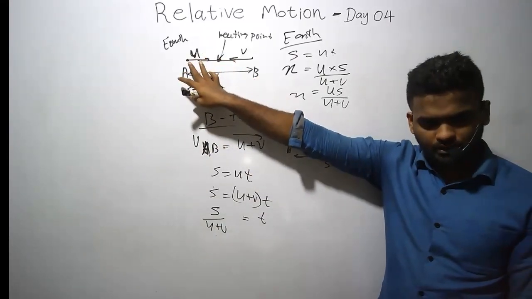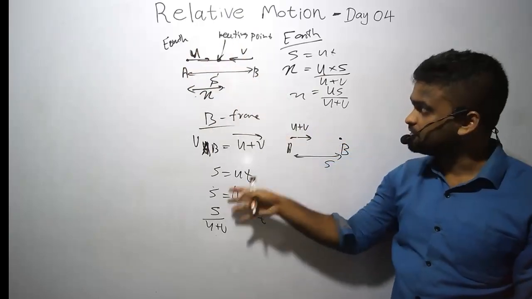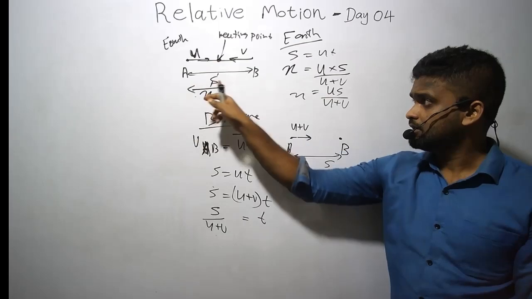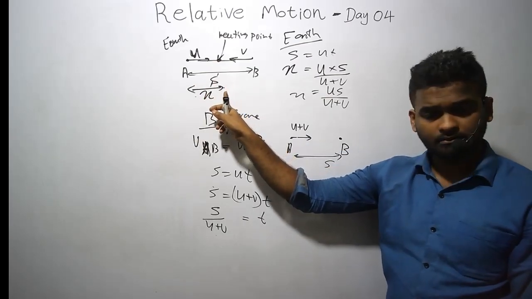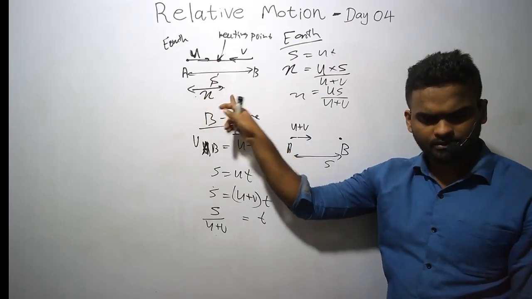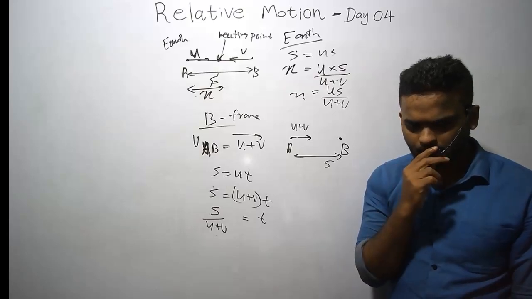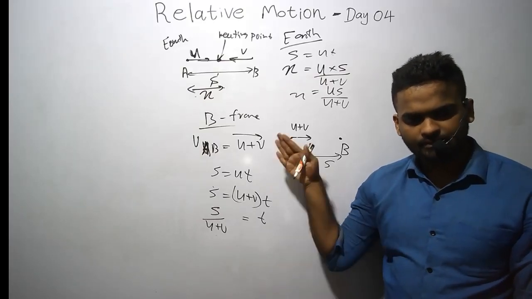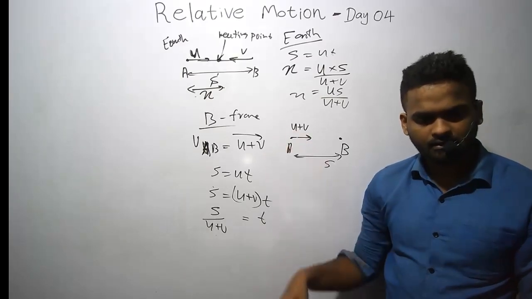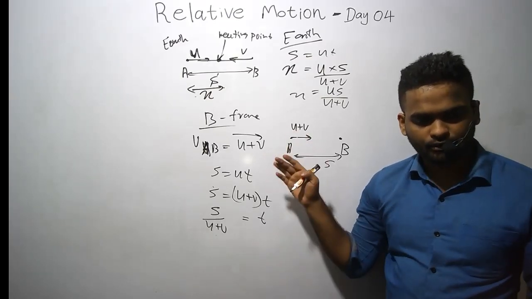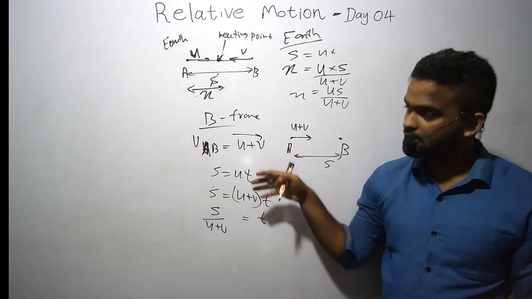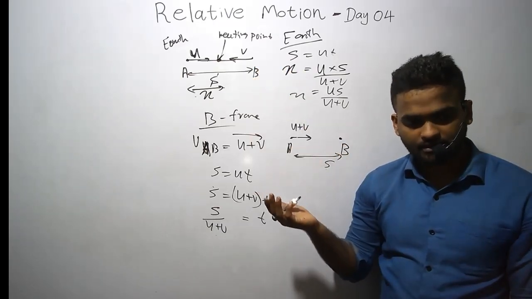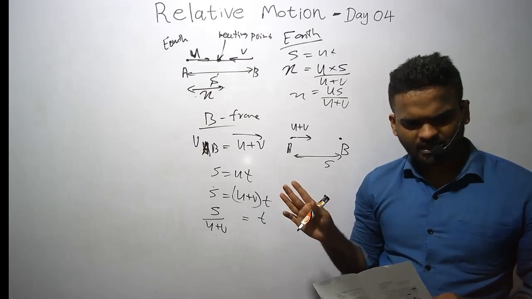Then u times the time we found using B's frame should be the Earth frame distance to the meeting point. Understood? So we jump back and forth between Earth and B frame. Using B frame, I found time. Then back to Earth frame, because they are asking something about Earth frame, right? I think you understood.